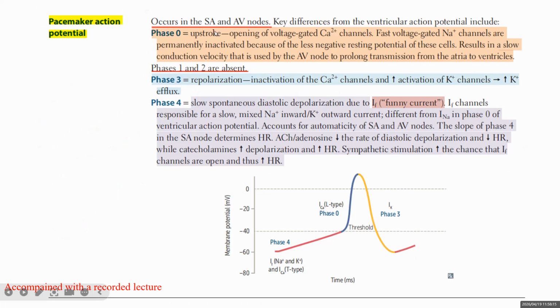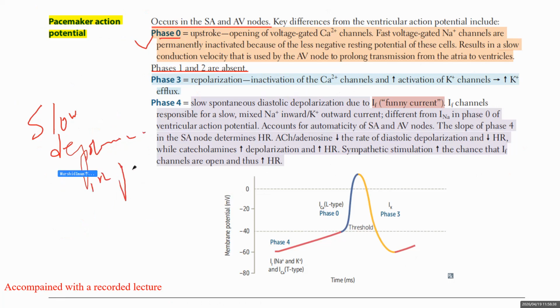Now let's get into the different phases. Phase 0 is the rapid upstroke. Functionally, it follows the slow depolarization in phase 4, which proceeds slowly and steadily and begins the depolarization.